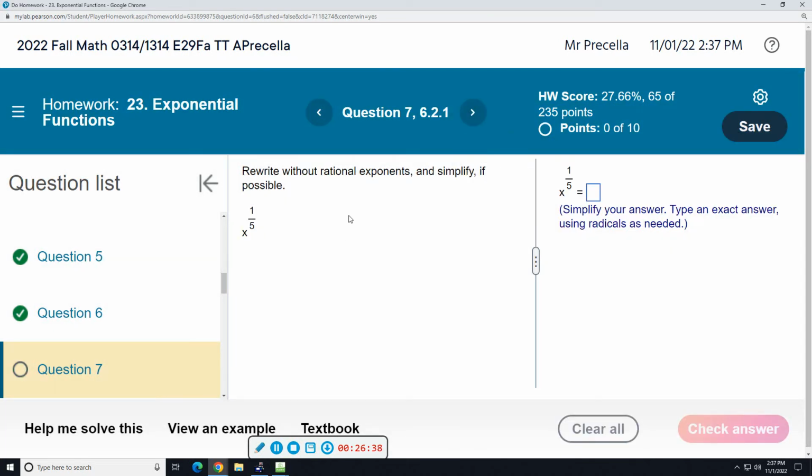Okay, how does this problem differ from the other ones we've been doing? Well, let me write the problem down. It's number 7. It says, rewrite without the rational exponents and simplify if possible. We have x to the 1/5 power.